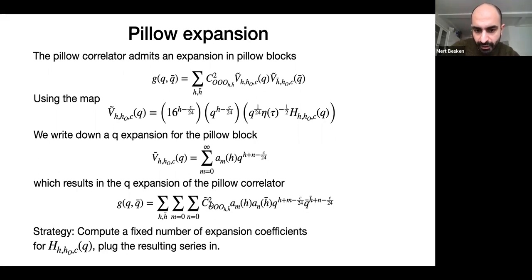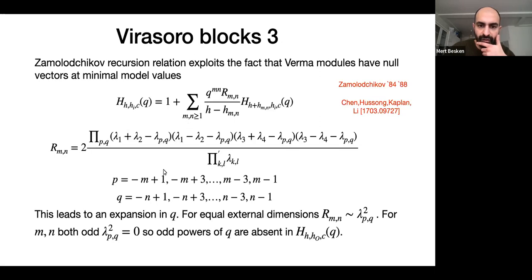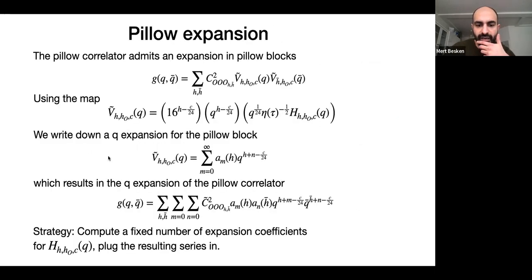This C squared is positive because it's C squared. These C's have to be real, and we have just seen these A's are positive, so we have a nice positive expansion. So the strategy is to compute a fixed number of expansion coefficients for the H function using this technology, then plug the resulting series in here, and get an expansion of the pillow correlator itself.